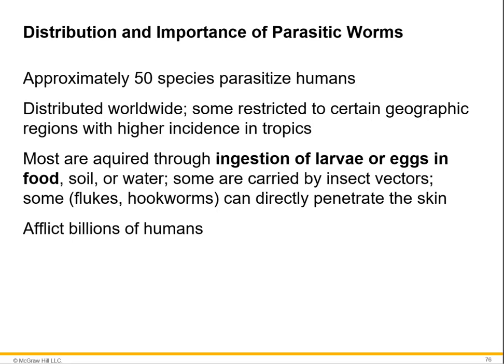Most of these infections are going to be acquired through ingestion, so either ingesting larvae or eggs in food, in soil, in water, in just about any method. Some, however, are going to be carried by insect vectors, and some can directly penetrate the skin. And these infections afflict billions of humans worldwide.